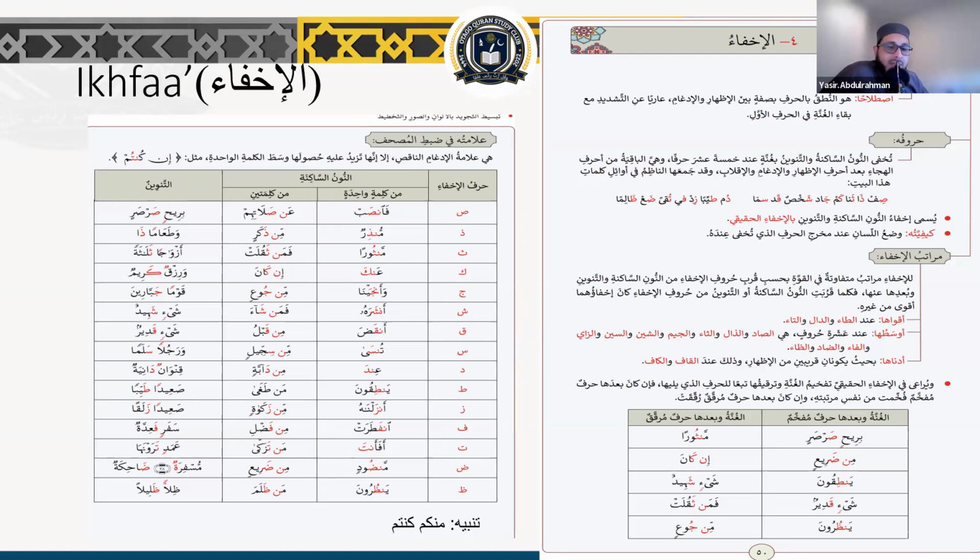It's just a small kasra on the mim, and then you go for the nasal part of the noon, putting your mouth on the articulation point of the kaf at the same time, which is lowered. So it becomes minkum, kiraman katibin. That's how you do the ikhfa for the kaf.